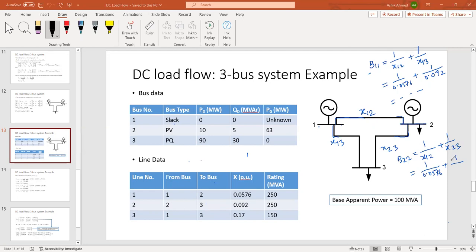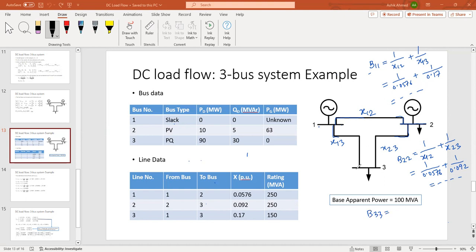Sorry, X13 is the last one actually, 0.17. X23 is 0.092. Then you calculate it, and whatever comes, that is your B22.